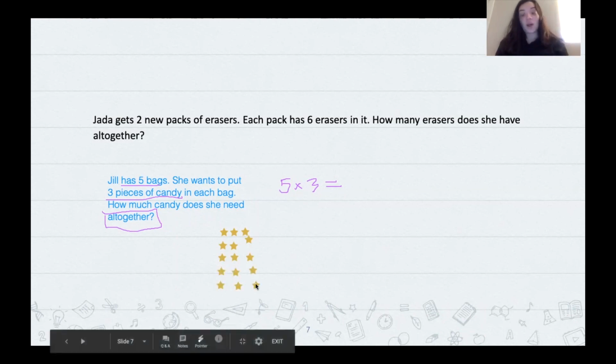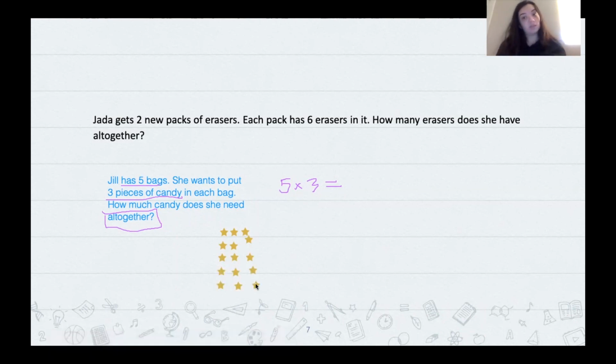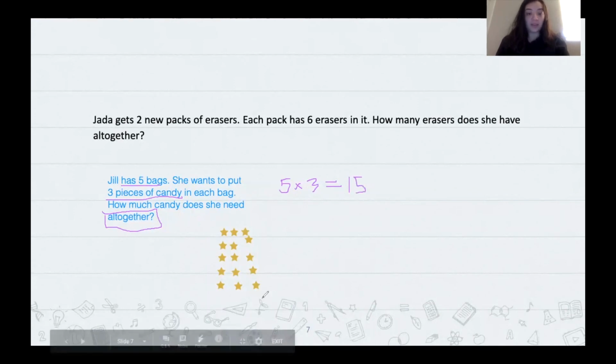And then to solve, I'm going to skip count and then double check my answer. So 3, 6, 9, 12, and 15, is the answer I got. Double check that, 3, 6, 9, 12, and 15.